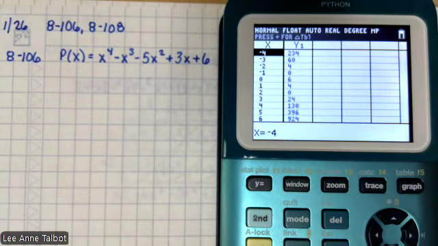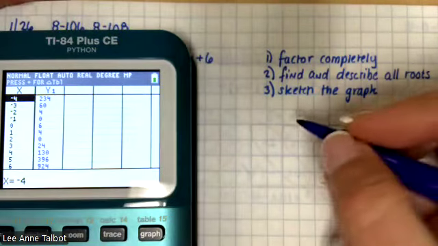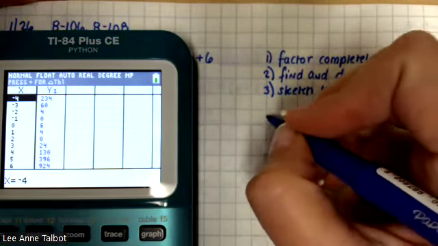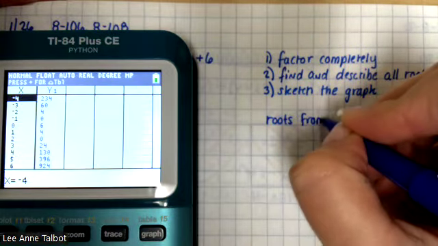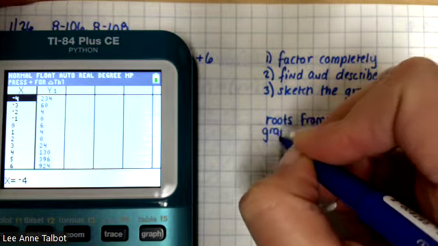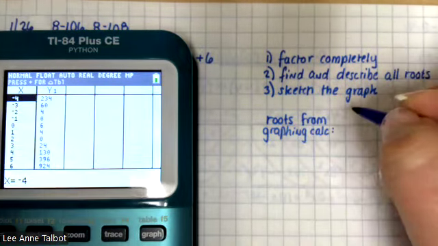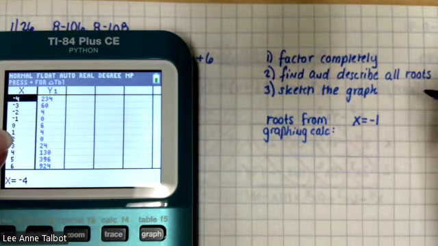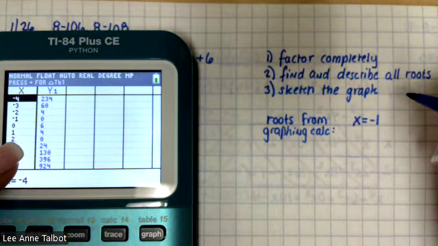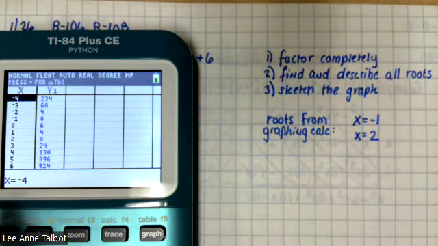I'm going to take this information and just sketch it, just jot it over here. So I know I have a root at x equals -1. And I know I have a root at x equals 2. And just hold that thought for a moment.